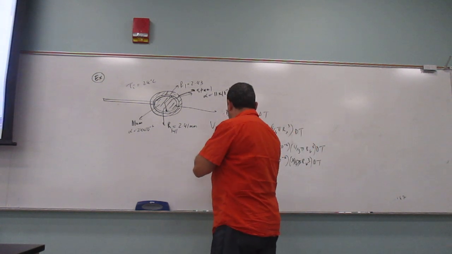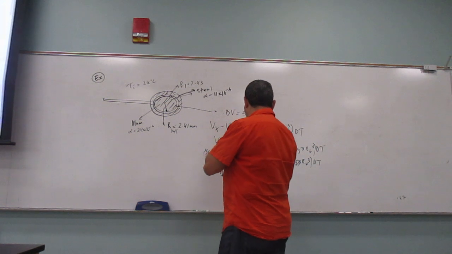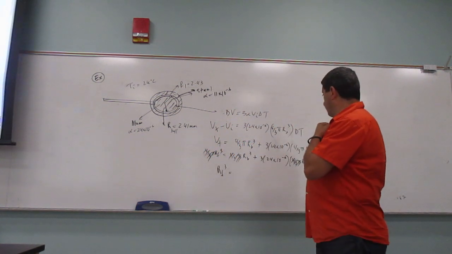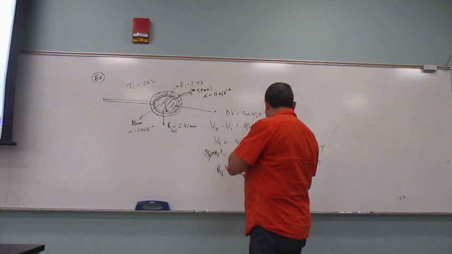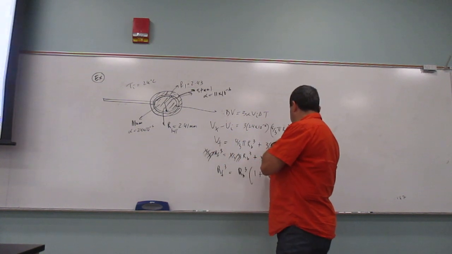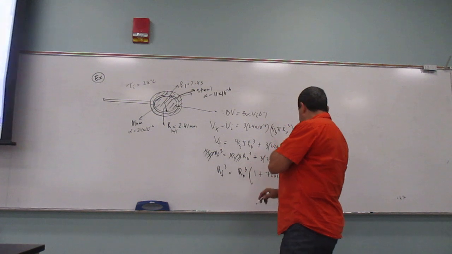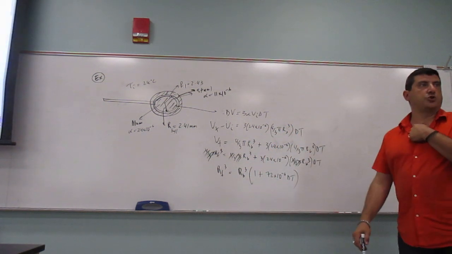And then r final cubed is going to be what? I can factor out the r ball cubed: 1 plus 3 times that, which is 72 times 10 to the minus 6 delta T. Then I can take the cube root of that.